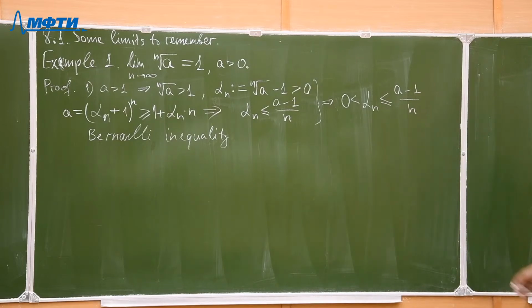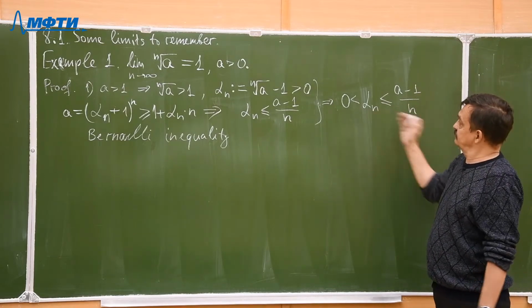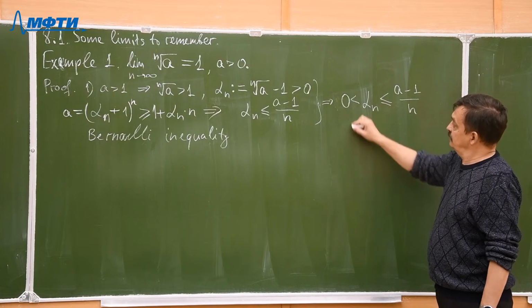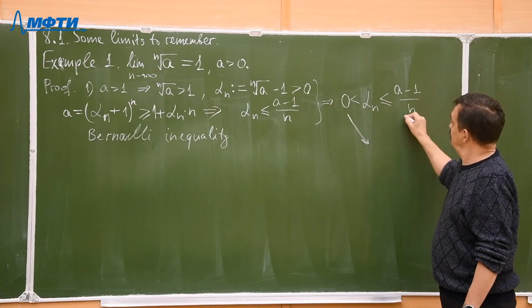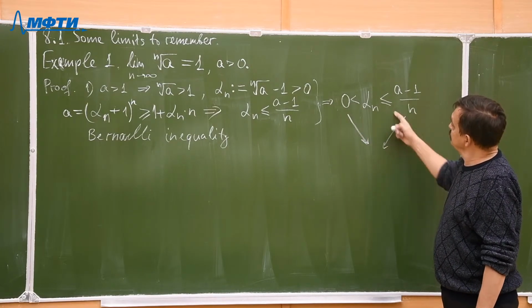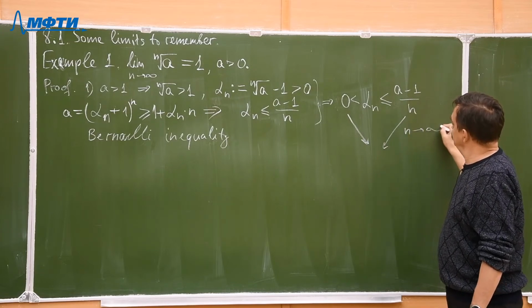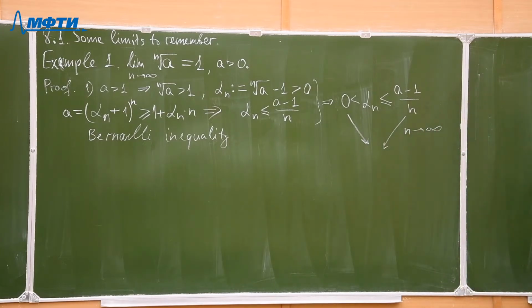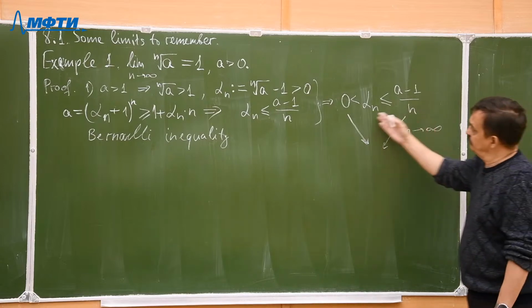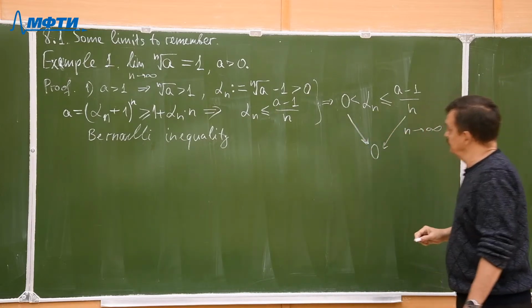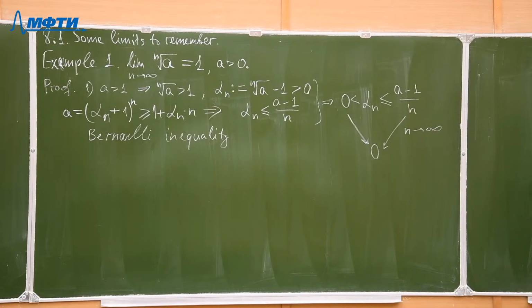Now we have two policemen here and there. So as n tends to infinity, as we know, both sequences tend to 0.